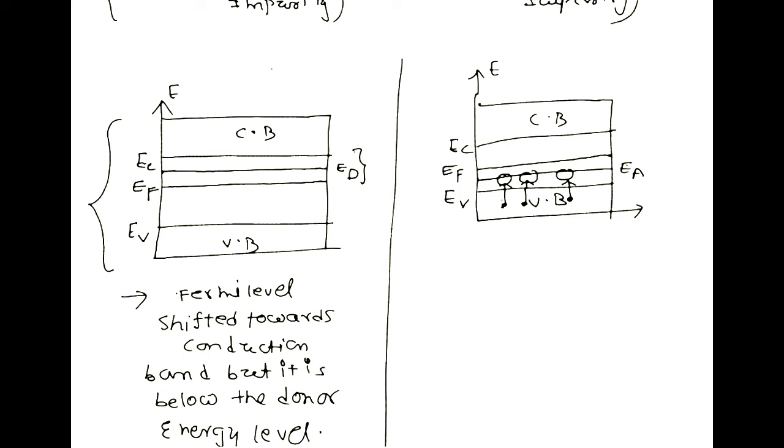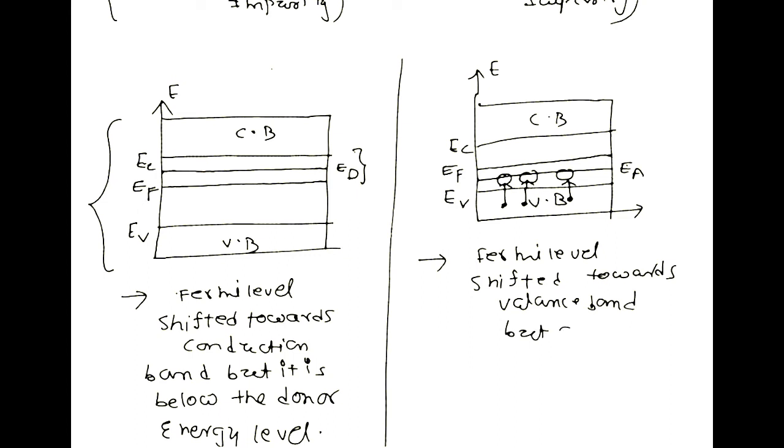So the overall energy band diagram is this. Here the Fermi level is shifted towards the valence band but above EA.